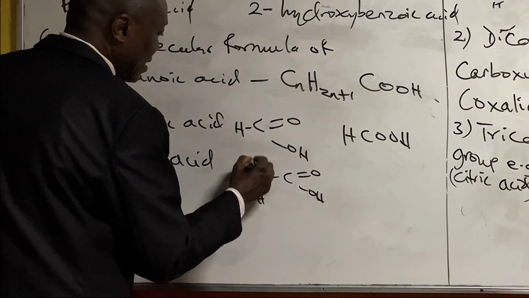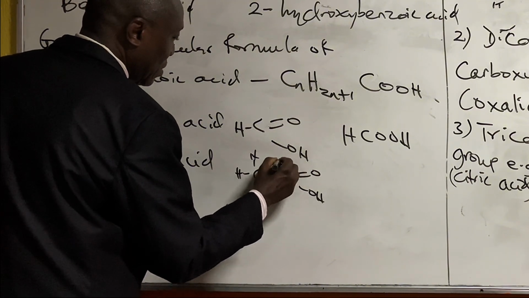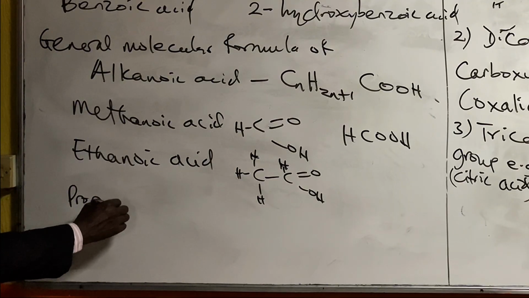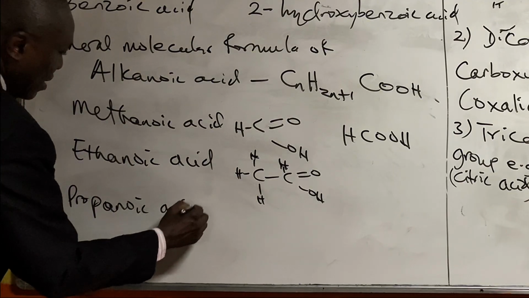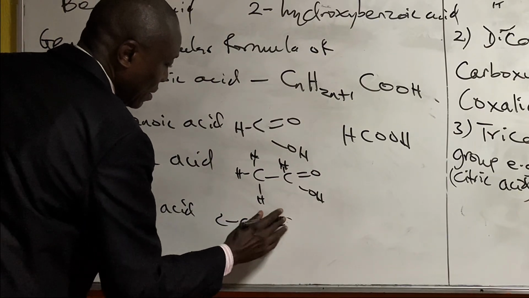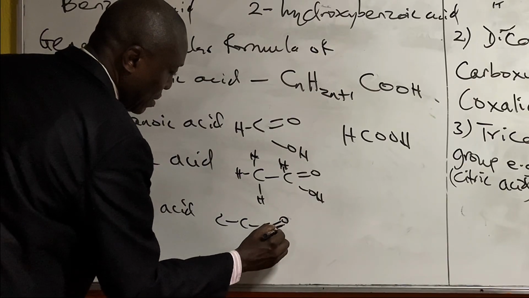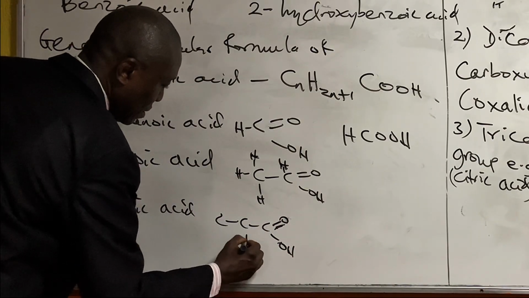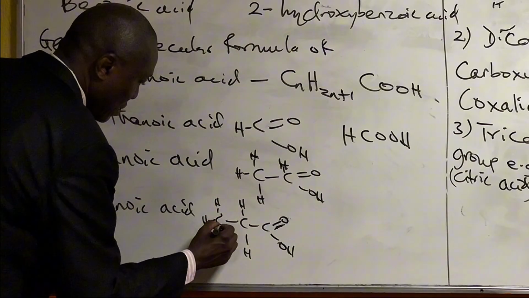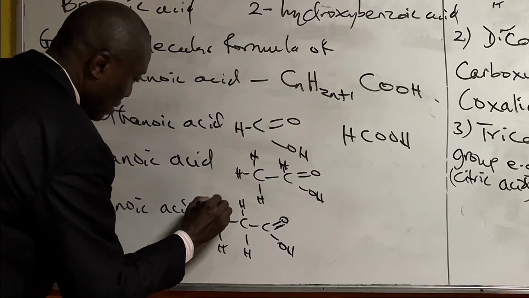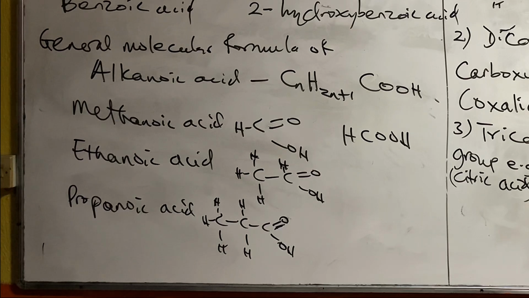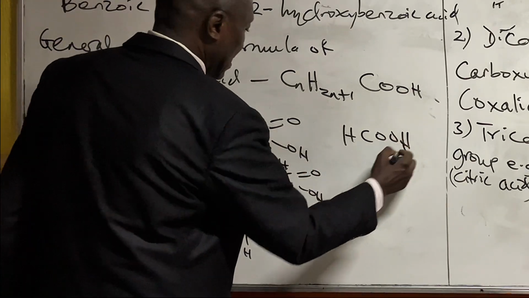This ethanoic acid is a 2-carbon alkanoic acid. Then we have the propanoic acid. So this is propanoic acid.